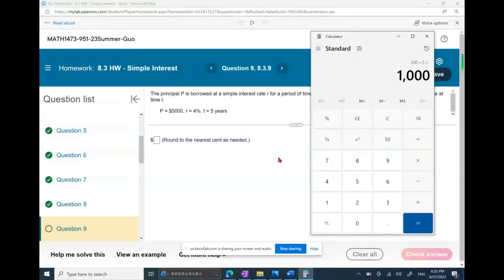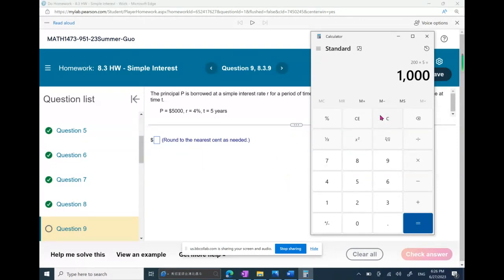That's the interest, right? Wow, that's a lot. 200 every year for 5 years. It is $1,000.